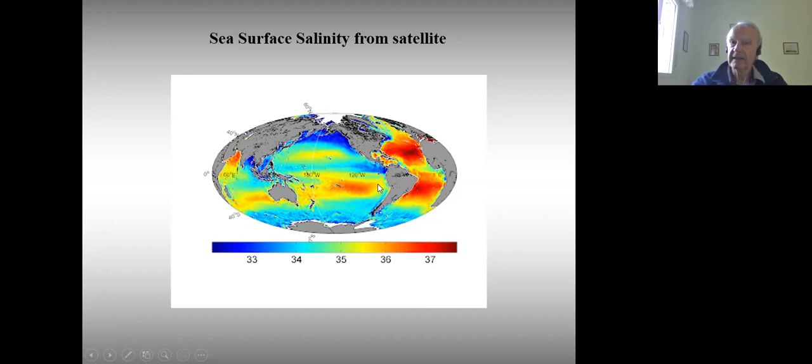it reflects again what is happening in the world ocean. Again, the high sea surface salinity in subtropical areas, both in the Atlantic and in the Pacific. So essentially, the same pattern is obtained from these data, from salinity distribution as well as from temperature.